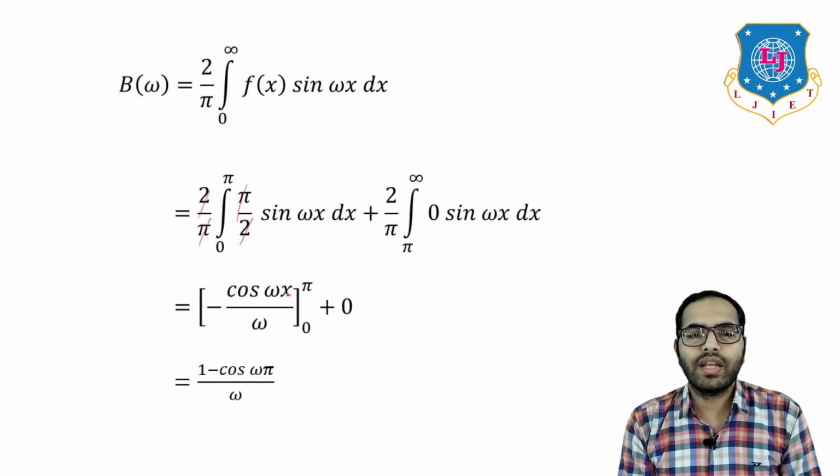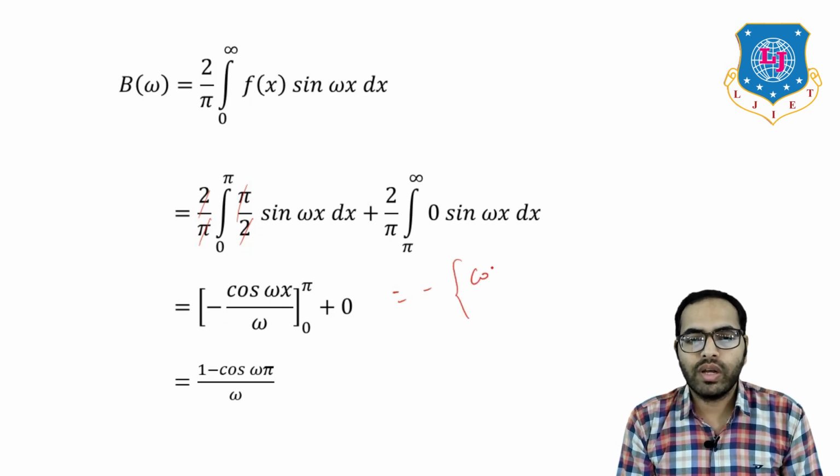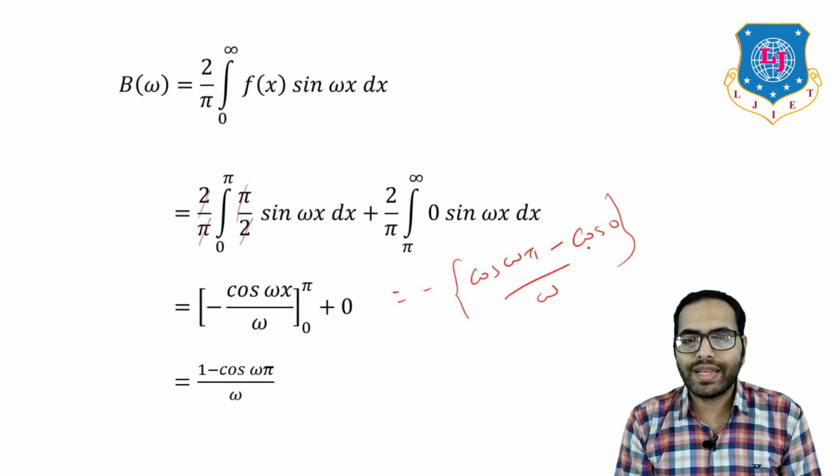The integral of sine is minus cos of omega x upon omega, where x runs from 0 to pi. Applying the limits, upper limit minus lower limit, the minus sign is taken common: cos of omega pi minus cos of 0 upon omega. Cos 0 is 1 and the minus sign comes inside, so 1 minus cos of omega pi upon omega is the value of b of omega.